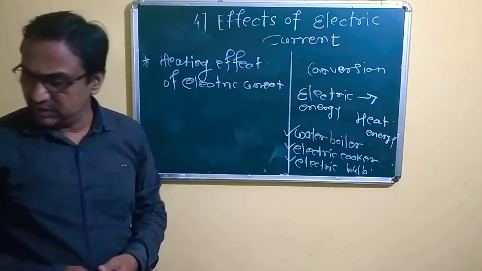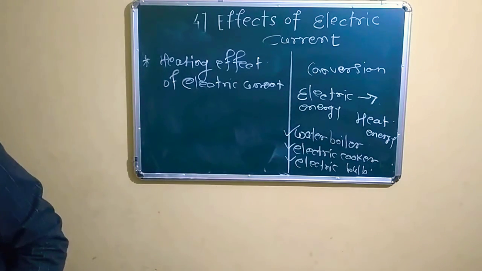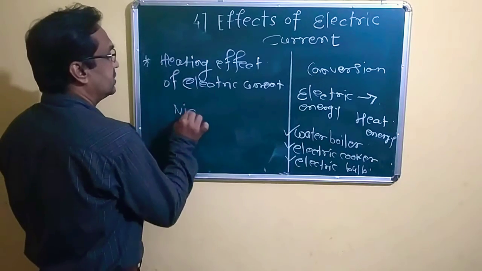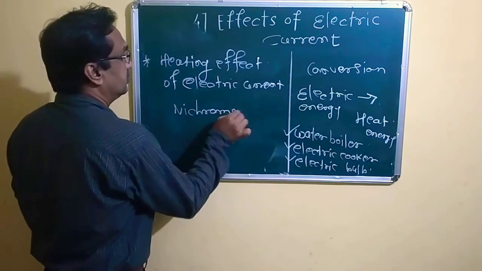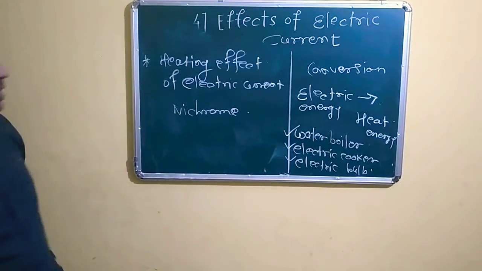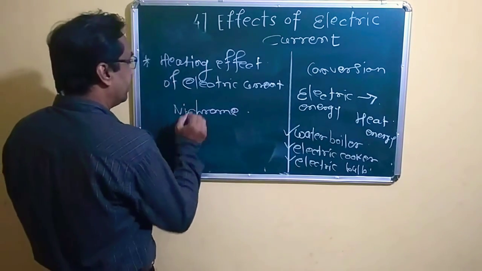They have already mentioned the nichrome alloy, an alloy of nickel and chromium.